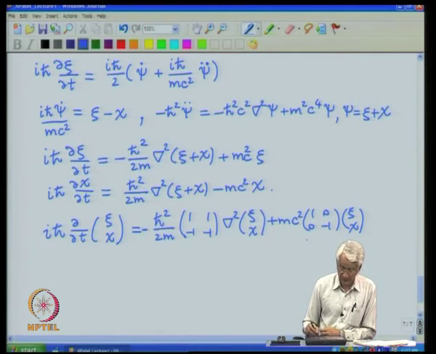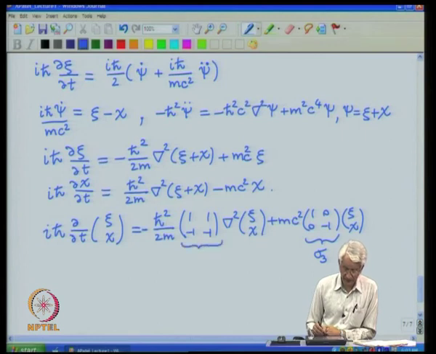What turns out to be easy to see is that these matrices are simple combinations of Pauli matrices. In particular, this 1, minus 1 on the diagonal is sigma 3, while the matrix which is appearing over here is sigma 3 plus i times sigma 2.